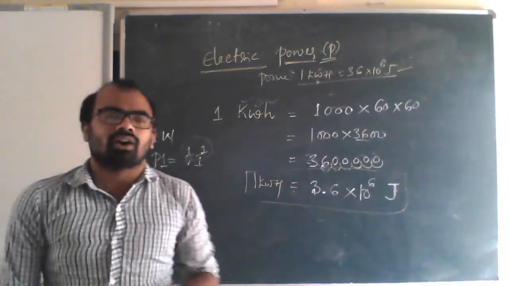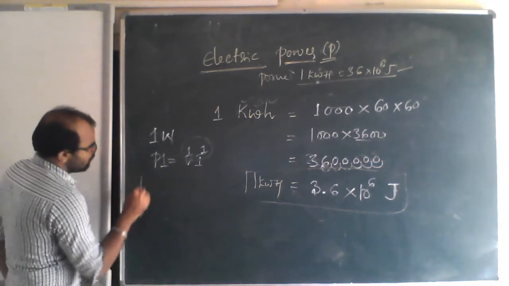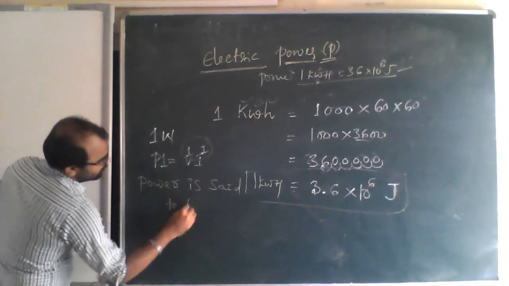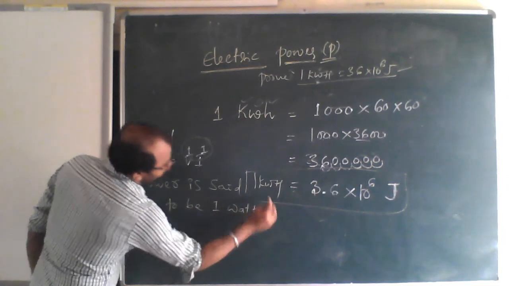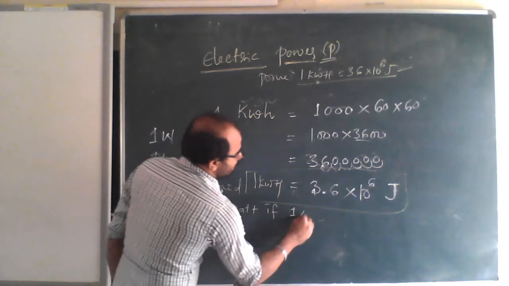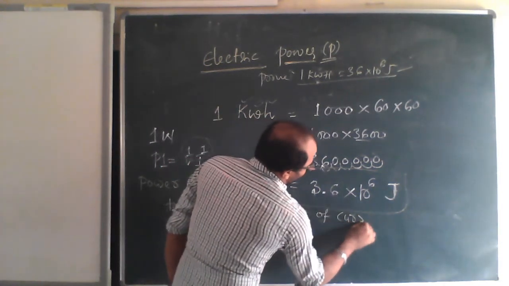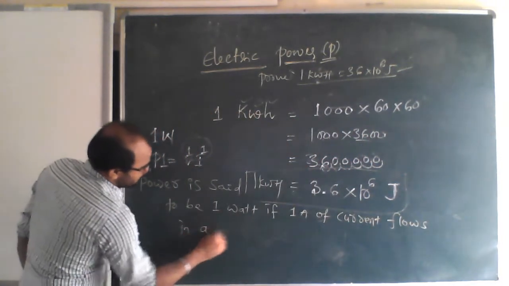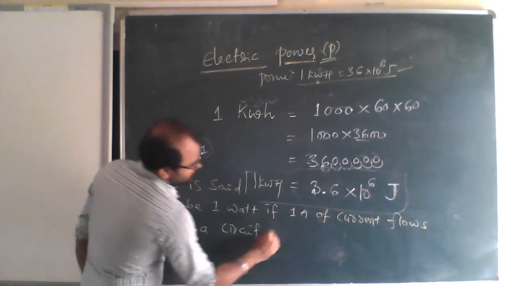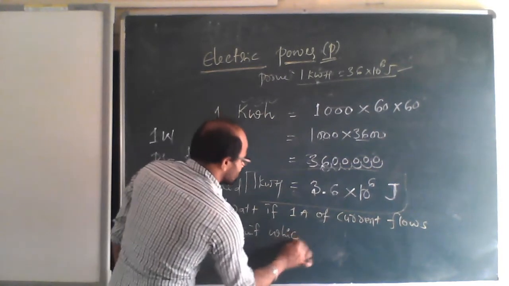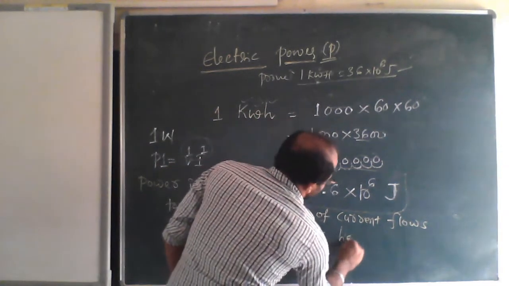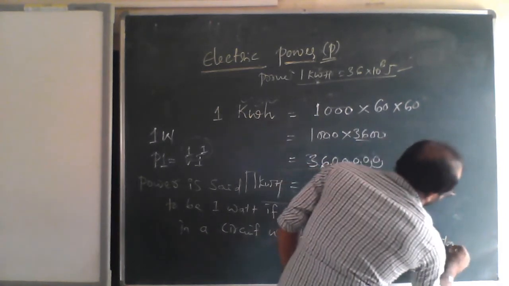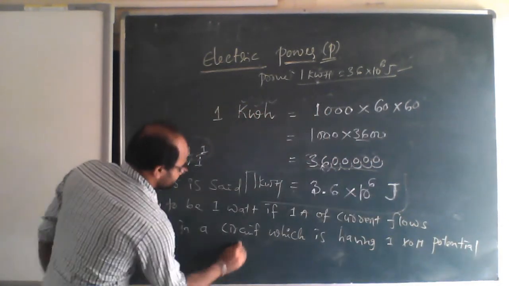The power is said to be 1 watt if 1 ampere of current flows in a circuit which is having 1 volt potential difference.